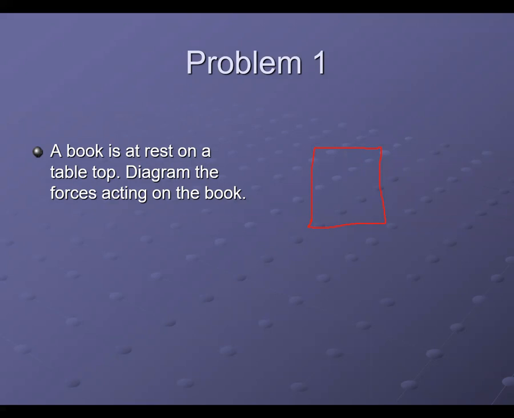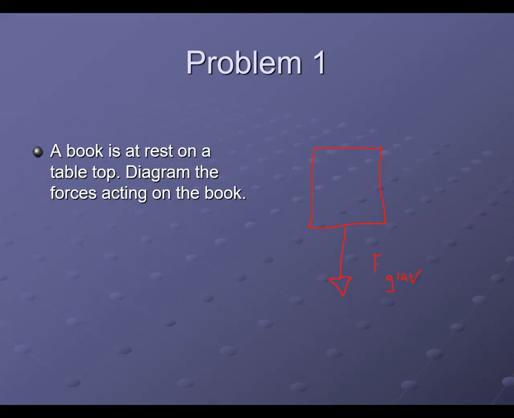If it's sitting on the tabletop, it's being pulled down by something, and it's always the same thing. So we're going to draw a downward arrow, and we're going to label that. What force pulls things down? Well, it's the force of gravity. So I'm just putting G-R-A-V. You can write it out if you want. You don't have to write it out. You can abbreviate it, but you need to see the F of at least G, force of gravity.